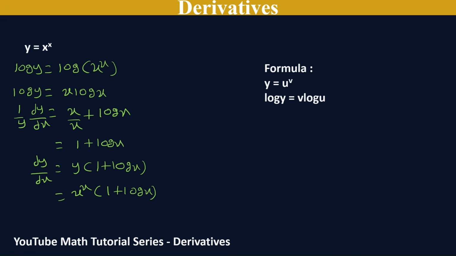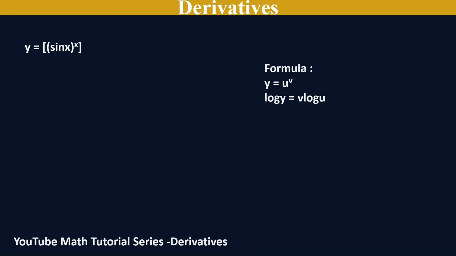Let's take one more example. Same as before, in this case y is equal to u to the power v, where u is sin x and v is x. Let's apply log on both the sides. Log y will be equal to, power will become the coefficient, so x log of sin x will come in this case.